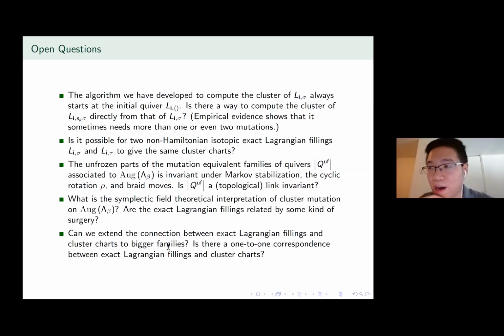Both of them should correspond to mutations. However, it is unclear. I think this is the first open question here. We have an algorithm for computing this cluster chart starting from the word and the identity permutation. But this algorithm is actually not very efficient. It gives you a long mutation sequence.